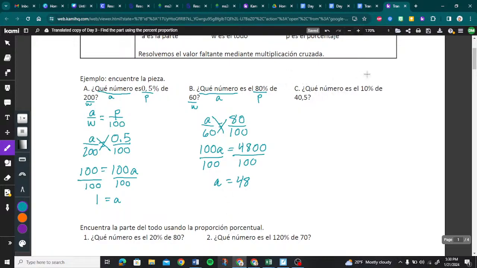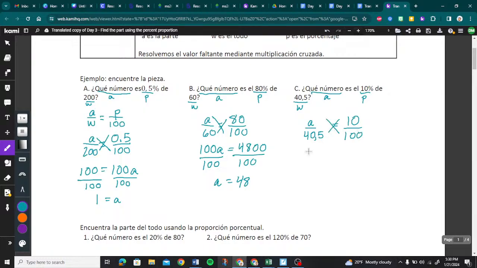Que numero es el 10% de 40 and 5/10. So que numero again is the part. Here is the percentage. Here is the whole. So we have part over 40 and 5/10, which equals 10 over 100.